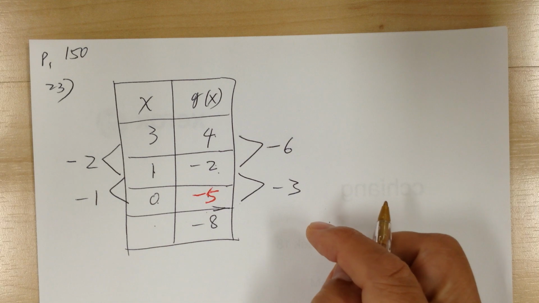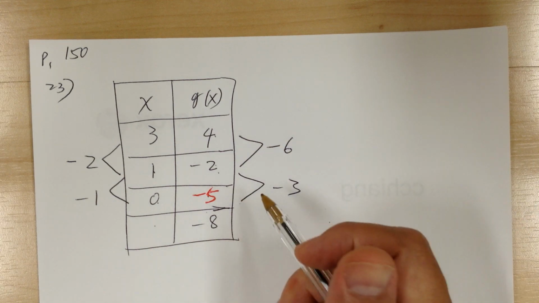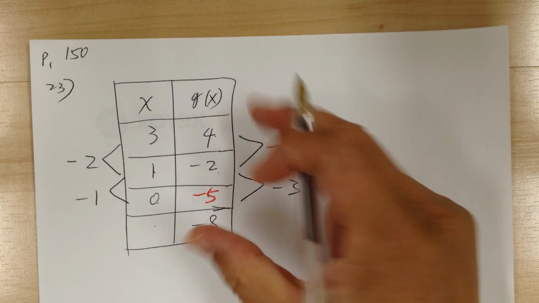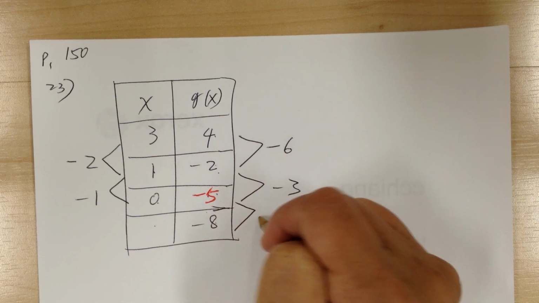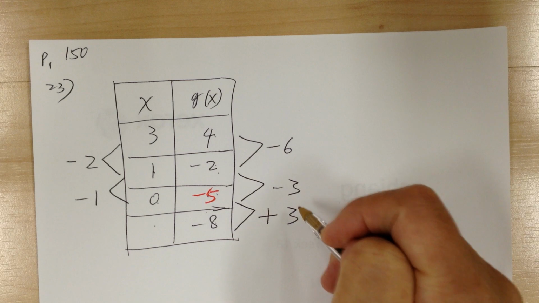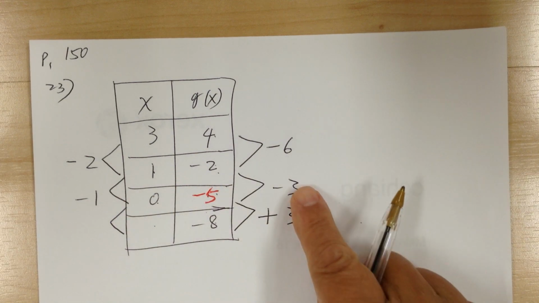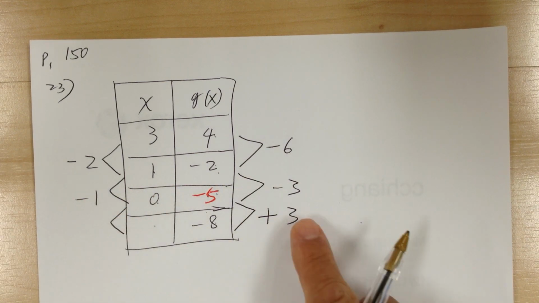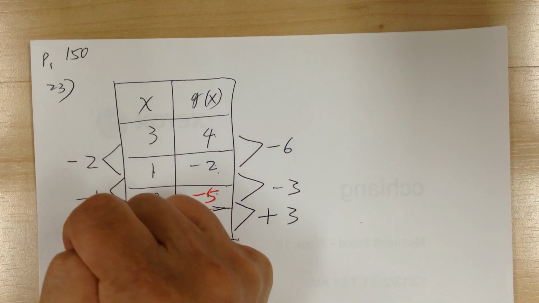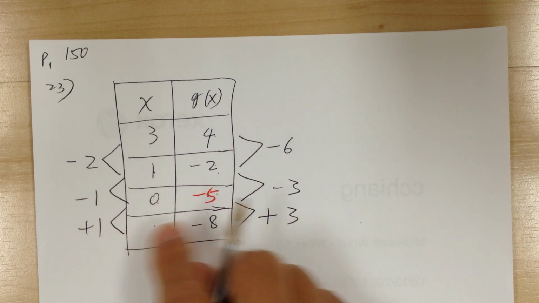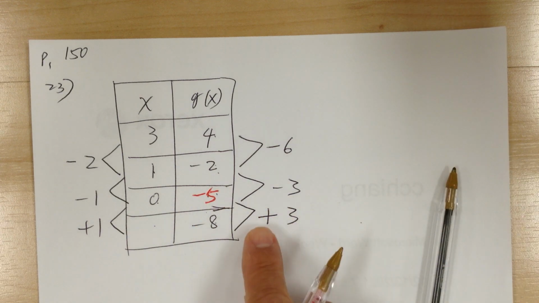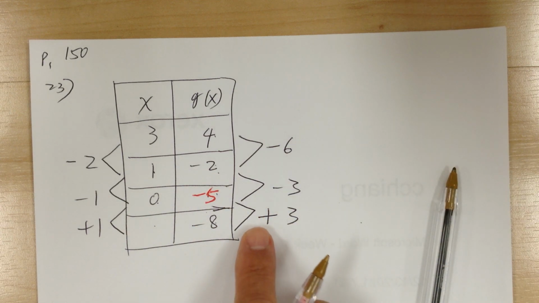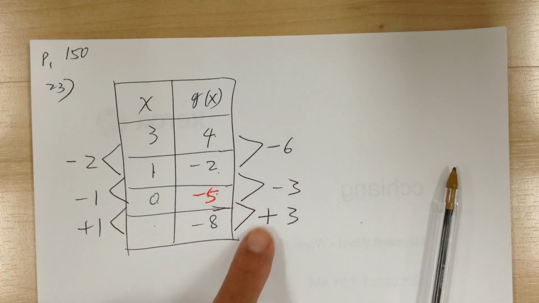Okay? And then you can keep doing the same thing. So you can use any pair. Okay? So if you use this pair, so from here to here is +3. Okay? So again, remember, this is going to be 3 times as much as that. So this is going to be 3 times as this, so it will be +1. So 0 plus 1 will give you, double check. Oh, this is -3.